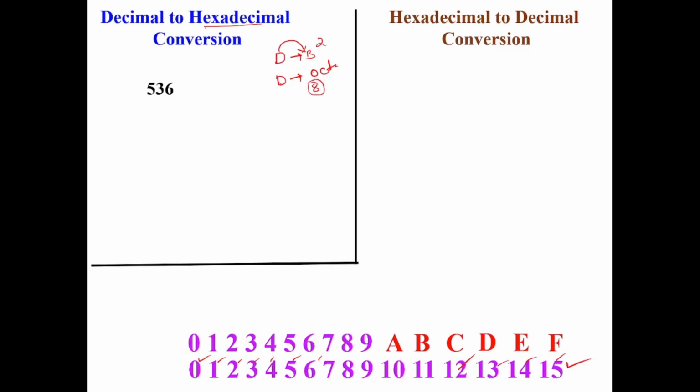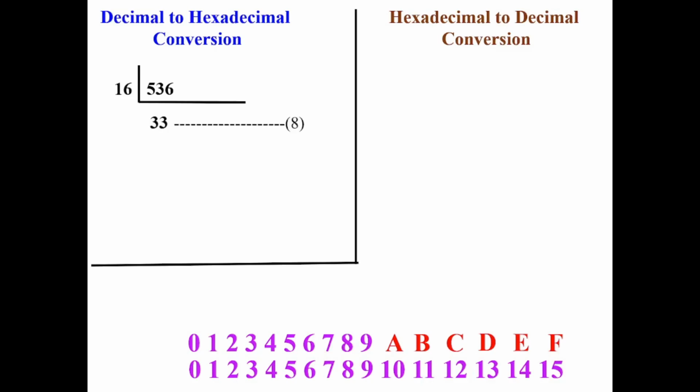So let's do this. First, 536 divided by 16, we get the quotient as 33 and remainder 8. Then 33 divided by 16, we get quotient 2 and remainder 1. So here we got 2, and we have to stop our division by 16.